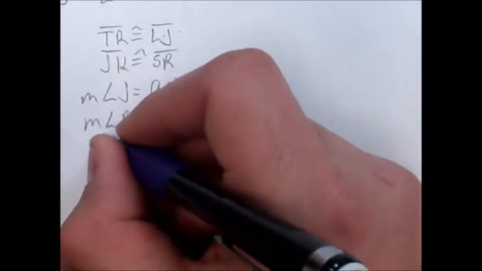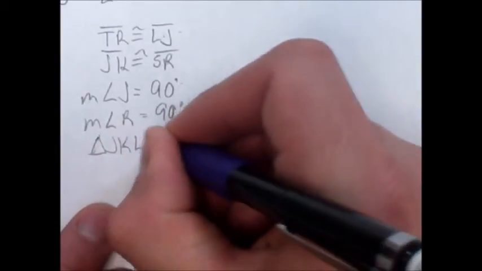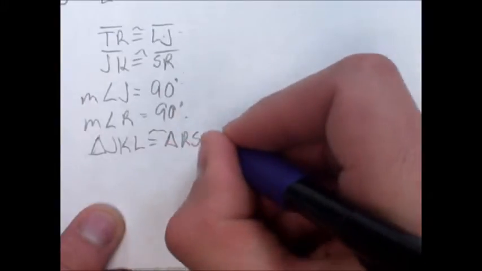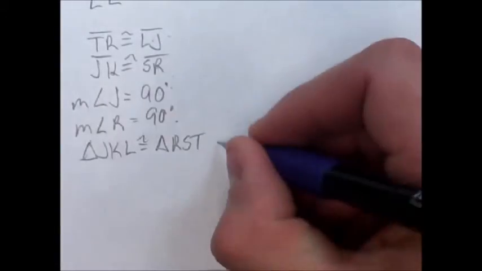So we can use their names, triangle JKL is congruent to triangle RST. It's not a very pretty congruency symbol. Questions? Wait, that would be by LL. By LL, yeah, leg.